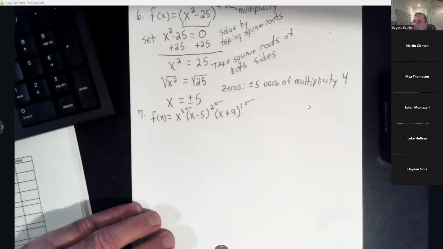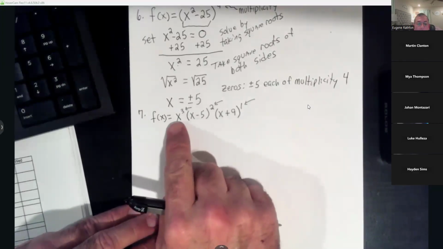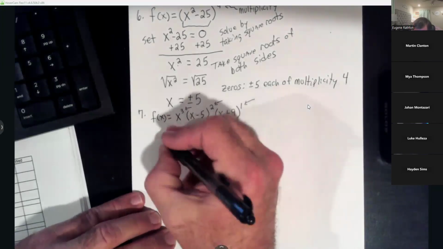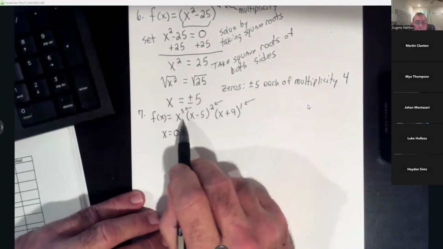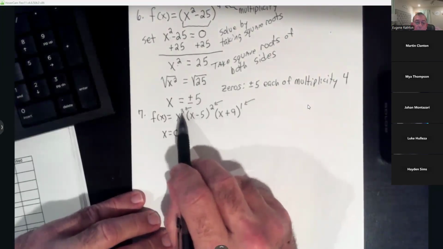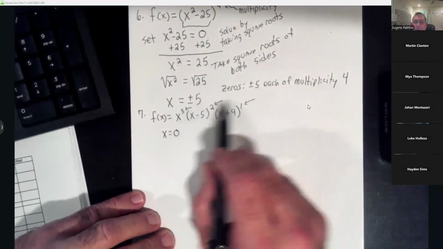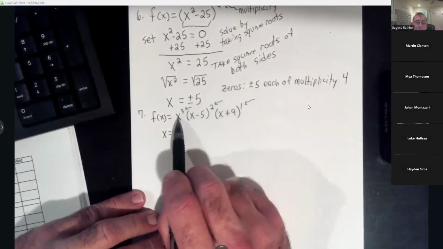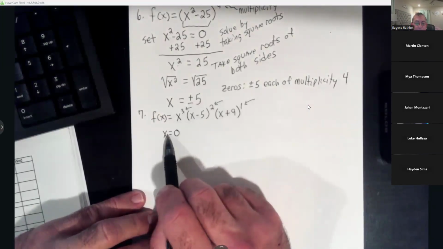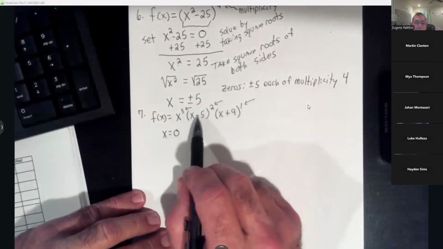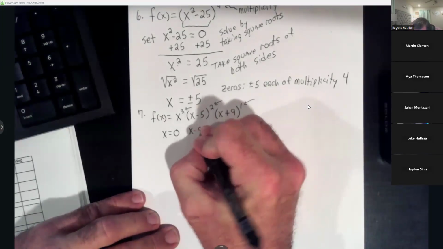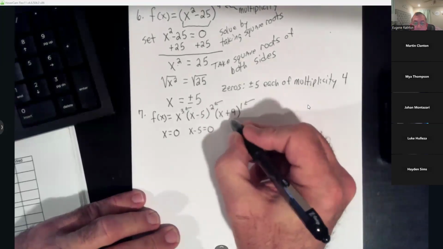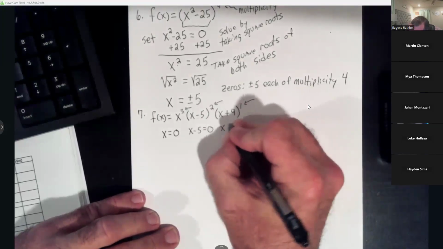So now to find my zeros, I'm going to set x equal to 0. And although that's got an exponent of 3, we're not worried about the exponent right now. That's going to be our multiplicity. We're just going to set each of the factors equal to 0. So x equals 0, x minus 5 equals 0. And this last one's x plus 9 equals 0.